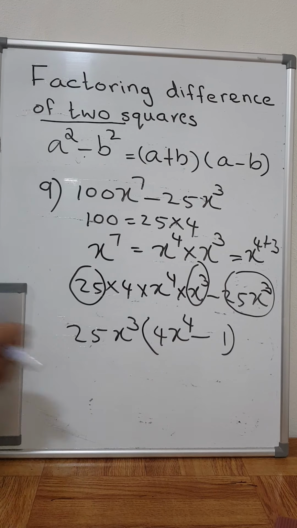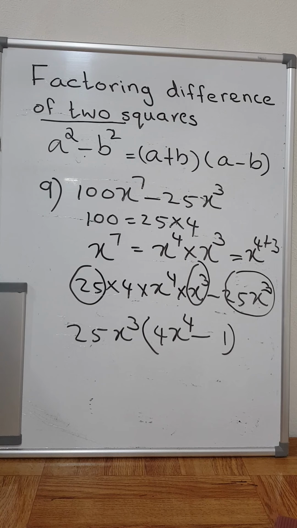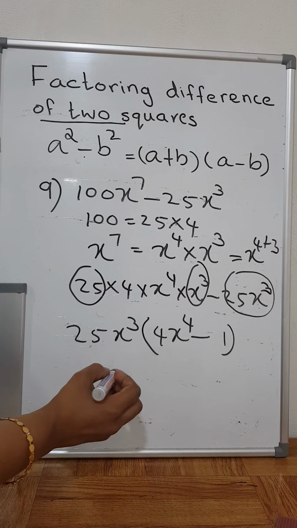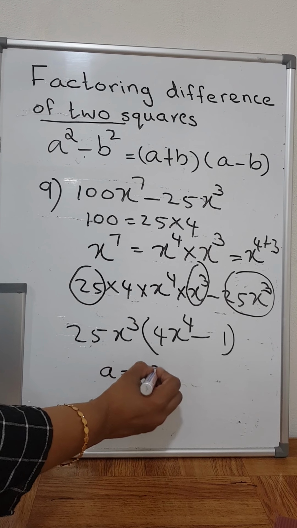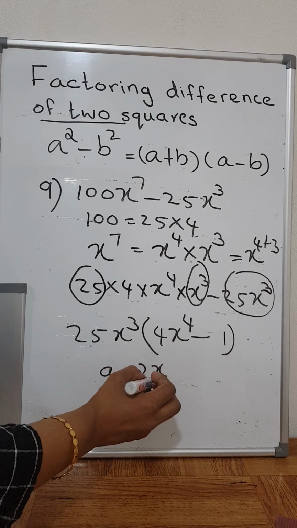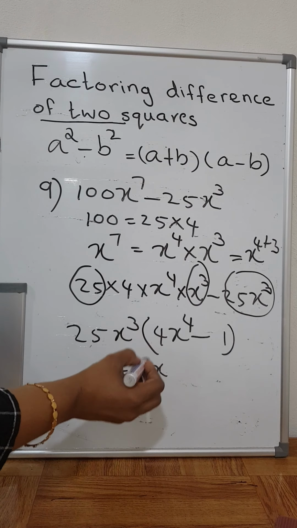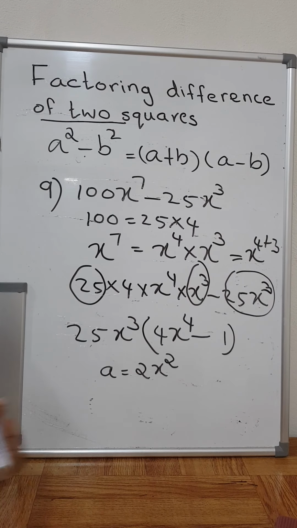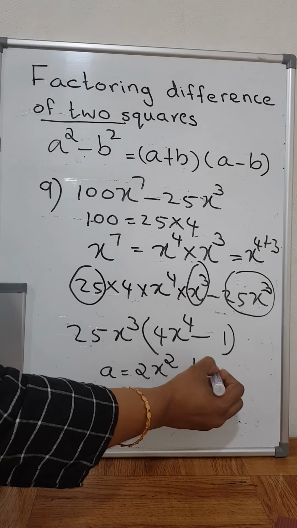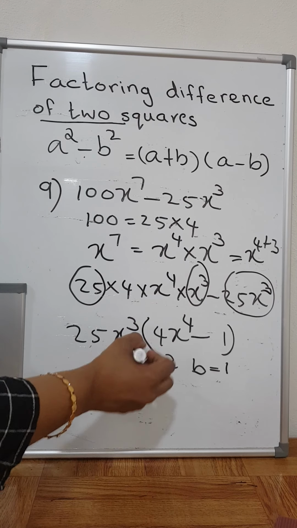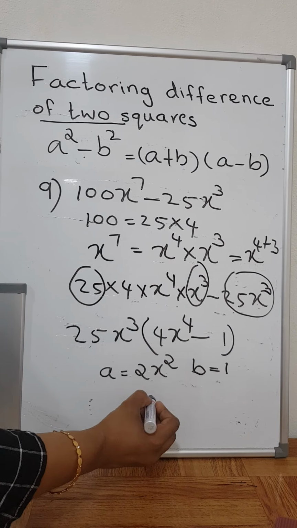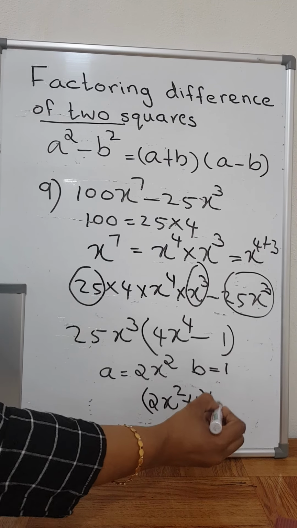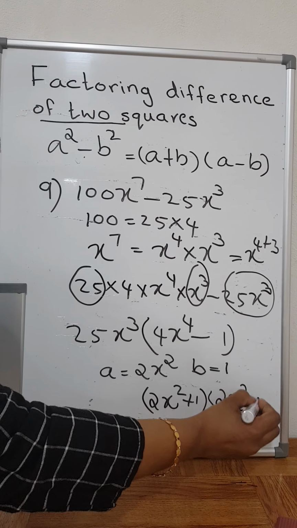See this part, that is the difference between two perfect squares. So here a square is 4x to the power 4. So a is the square root of 4x to the power 4. The square root of 4 is 2. The square root of x to the power 4 is x square. So a is 2x square. b is the square root of 1, that is 1 itself. So this part we can write as (2x square plus 1) times (2x square minus 1).